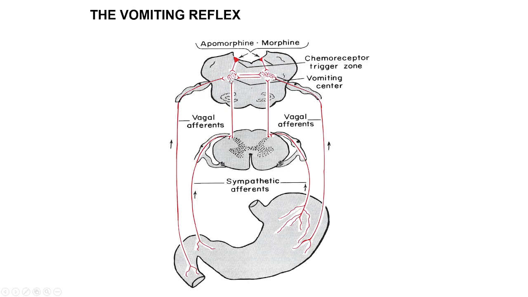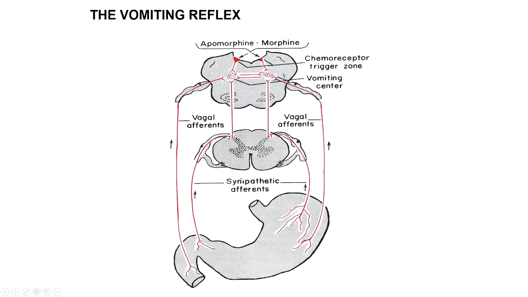So the vomiting reflex is executed with the involvement of cranial nerves, whose nuclei are in the medulla, that is 9th, 10th, 11th, 12th, and also in the pons, that is 7th and 5th partially. Some of them are sensory, others are motor.